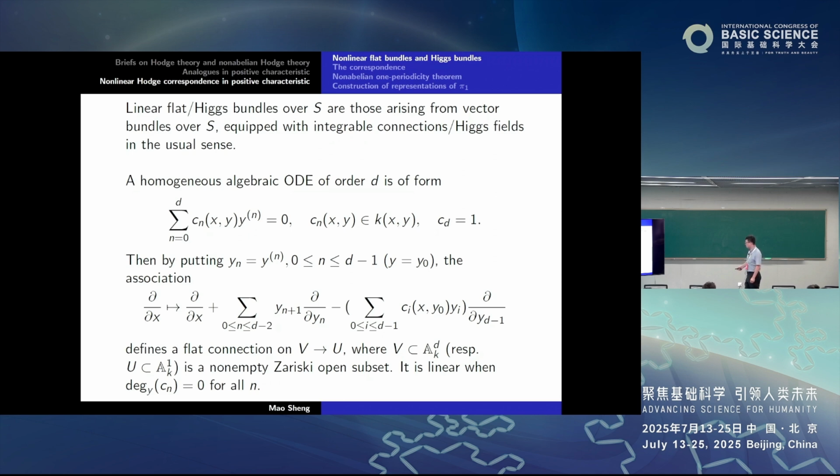And now we can consider more nonlinear ODE, where the terms are rational functions. For any such thing, you can associate a nonlinear flat connection on an open part of your affine space over an open part of your P1.